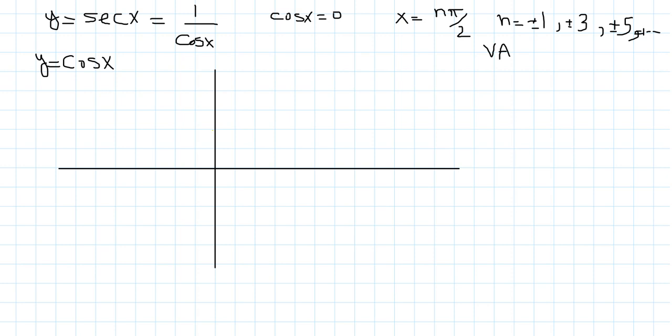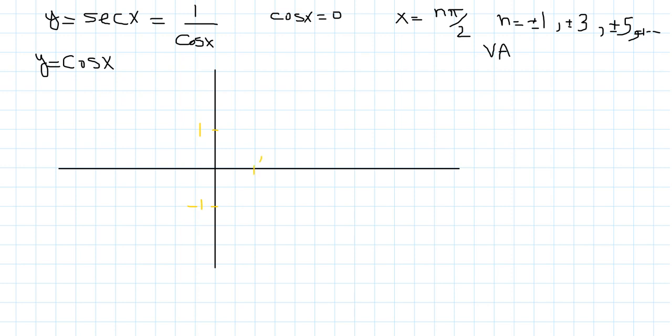Suppose that here is positive 1, here is negative 1. It is my amplitude of cosine x, and the period is 2 pi over 1, which is 2 pi. I know the graph of cosine passes through pi over 2.